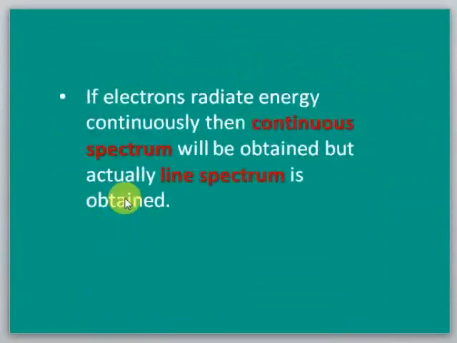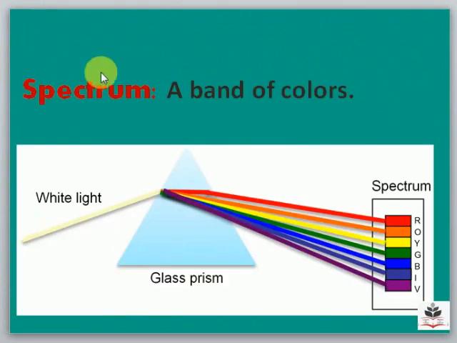The next defect in his model was, if electrons radiate energy continuously, then a continuous spectrum will be obtained, but actually a line spectrum is obtained. First, let me explain what is meant by spectrum and what is a continuous and line spectrum, then I will explain this point. In simple words, a spectrum means a band of colors.